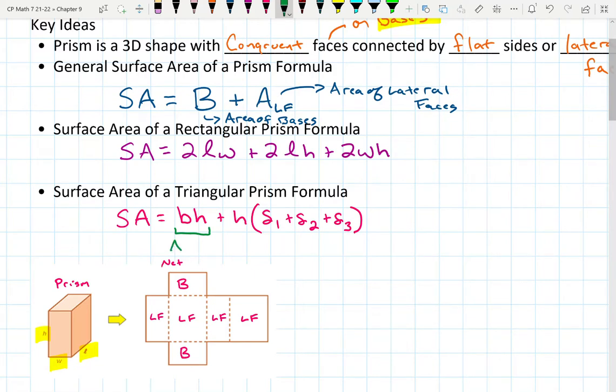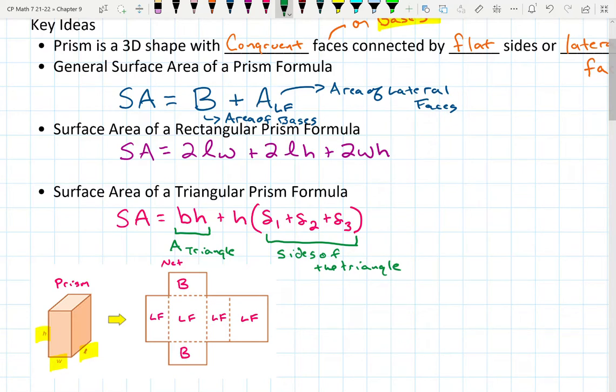This is the area of the triangle, the BH. That's the area of the triangles. And then the height will be the height between the bases. S1, S2, S3, these are going to be the sides of the triangle. So this is a really nice formula.